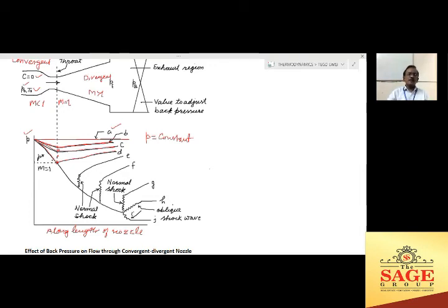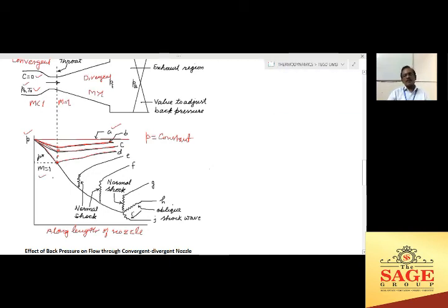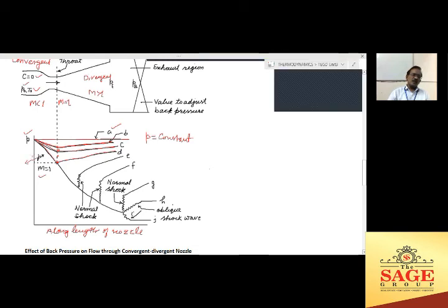So one condition will be reached when M is equal to 1. M equal to 1 means Mach number will be equal to 1. It means flow velocity will be equal to sound velocity. Corresponding to this condition, the pressure is called the critical pressure.